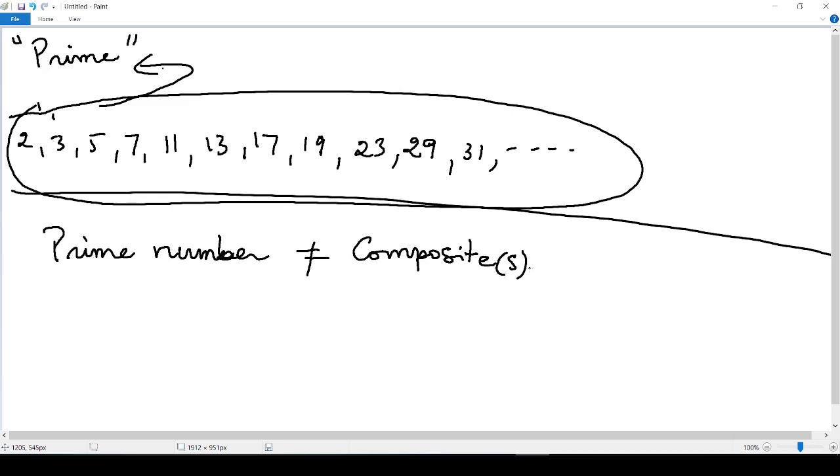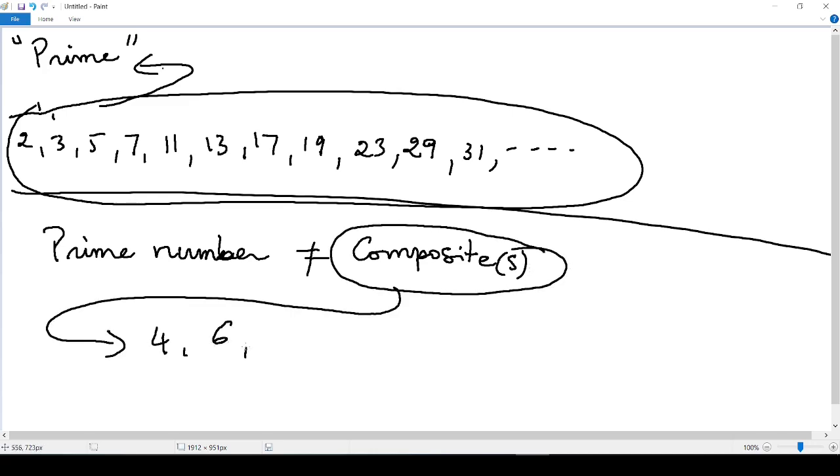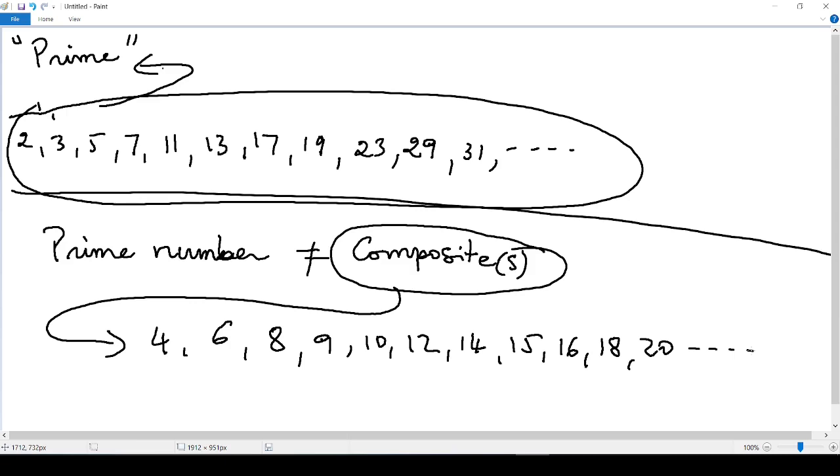Some examples of composite numbers are 4, 6, 8, 9, 10, 12, 14, 15, 16, 18, 20, and we still have more. Each of these composite numbers has at least one factor other than the number 1 and itself.